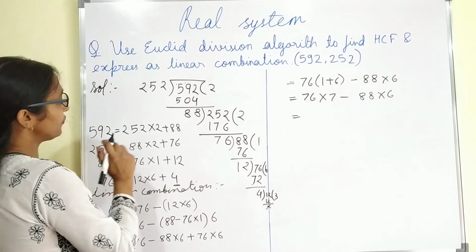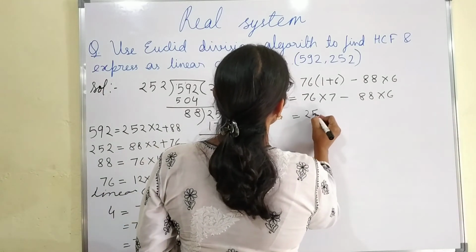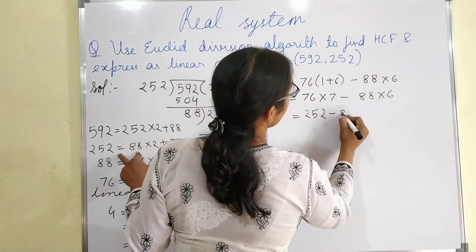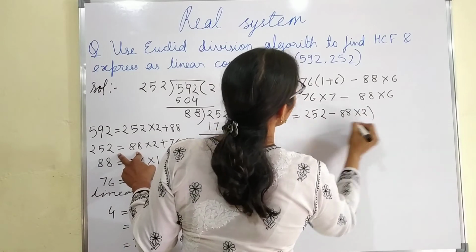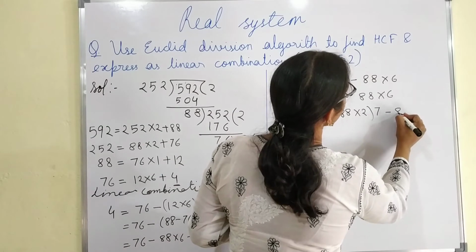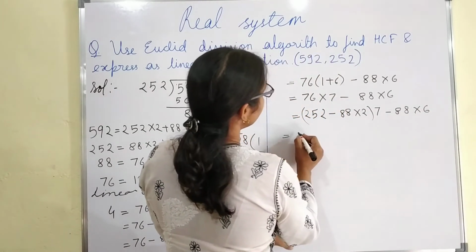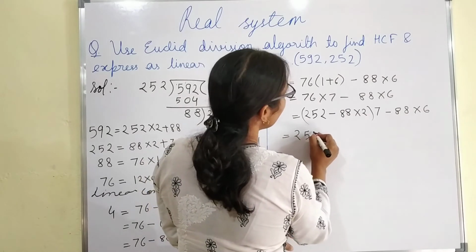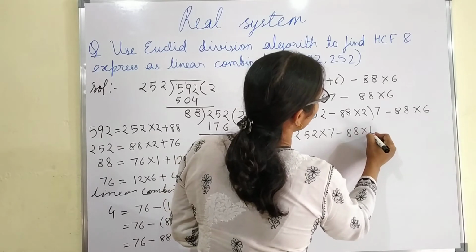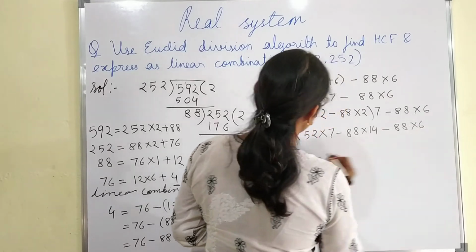It will be 252 minus 88 into 2, into 7, 7 is here. Minus 88 into 6. So it will be 252 into 7 minus 88 into 14 minus 88 into 6.